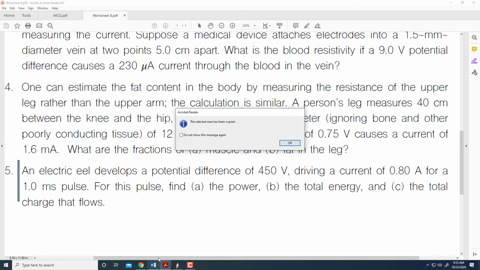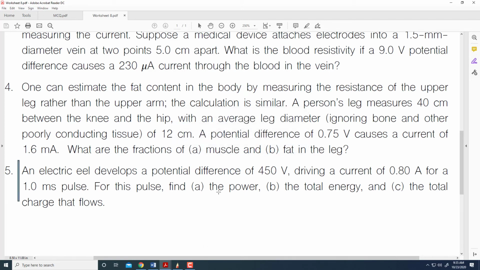So in order to solve this problem, we need to know how to find the power and how to find the energy. And we know from introductory physics, how do you define power? You guys remember?